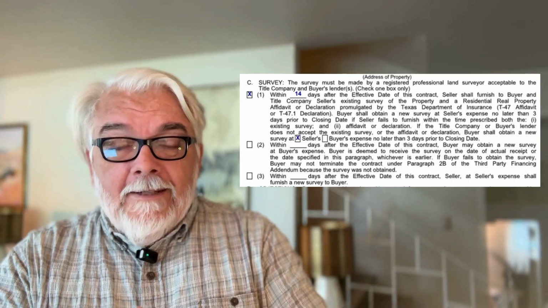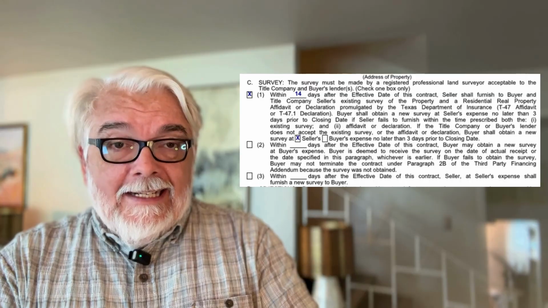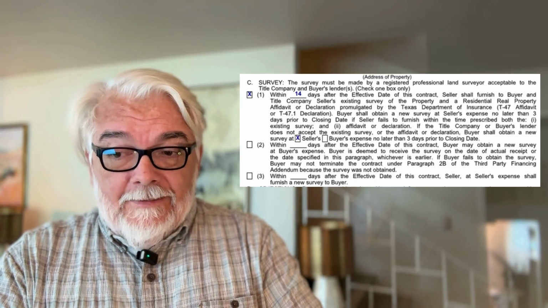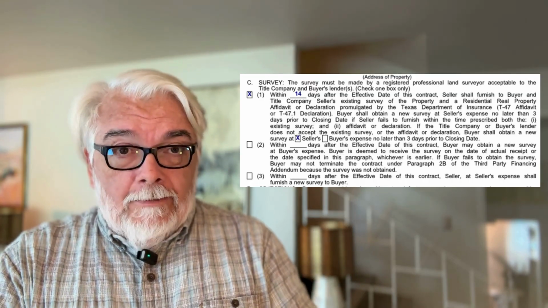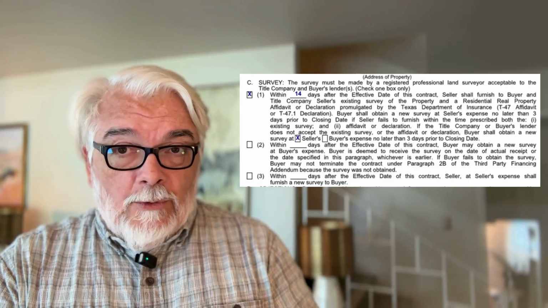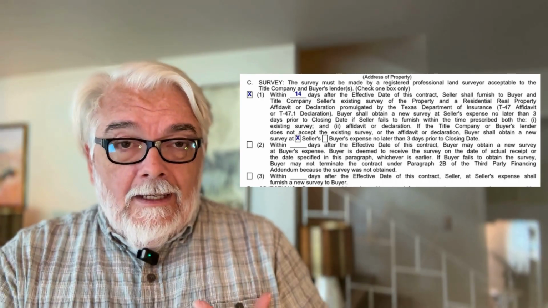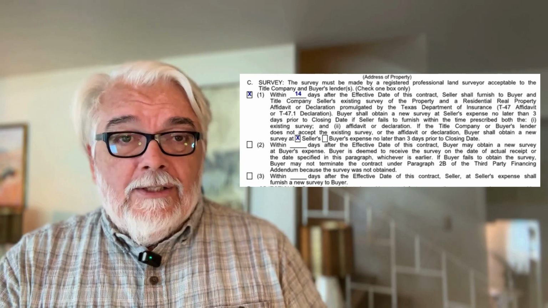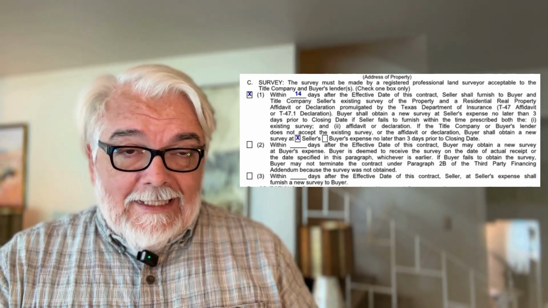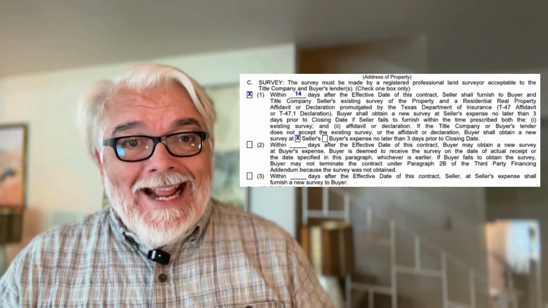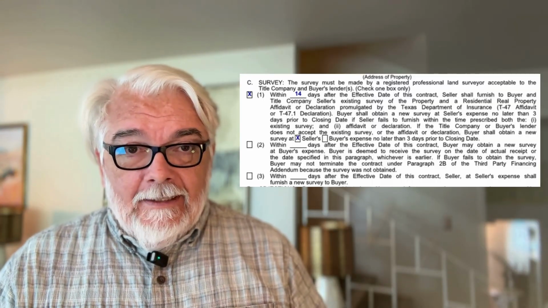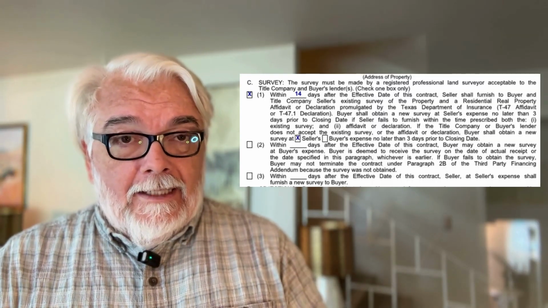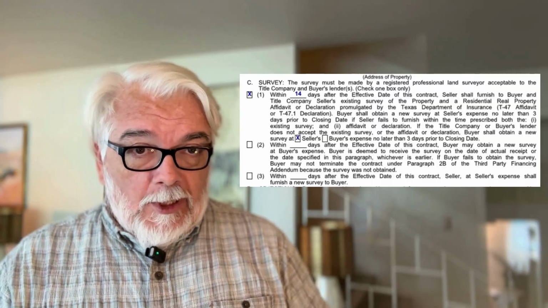So if there are changes, then that T47 and the T47.1 do allow for the use of the old survey or the providing of the old survey. The seller has to describe any changes that have been done. So the seller can declare, yes, this is a true and accurate rendition of the property, or they can declare it is a true and accurate rendition of the property.